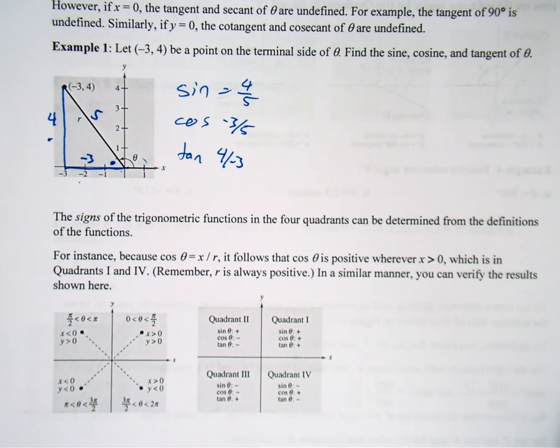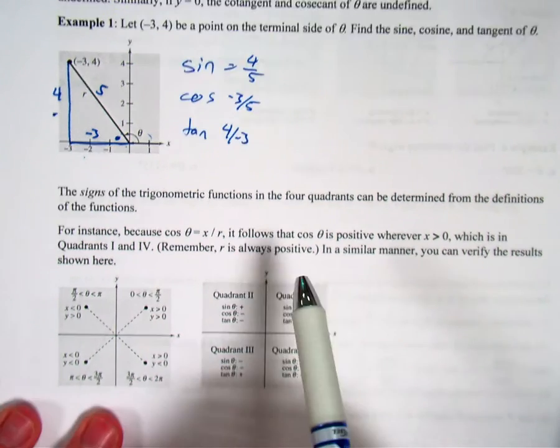The signs of the trig functions in the 4 quadrants can be determined from the definitions of the functions. Because cosine theta equals x over r, it follows that cosine is positive wherever x is positive. A lot more math talk.